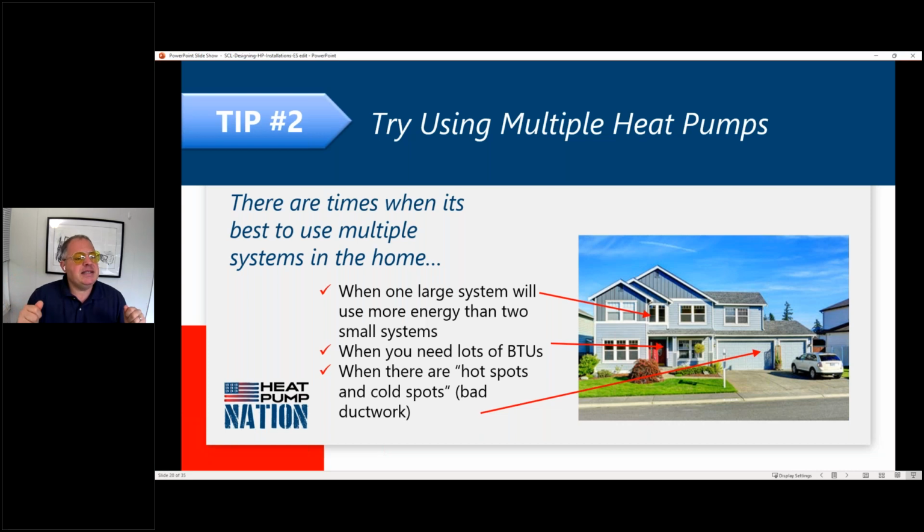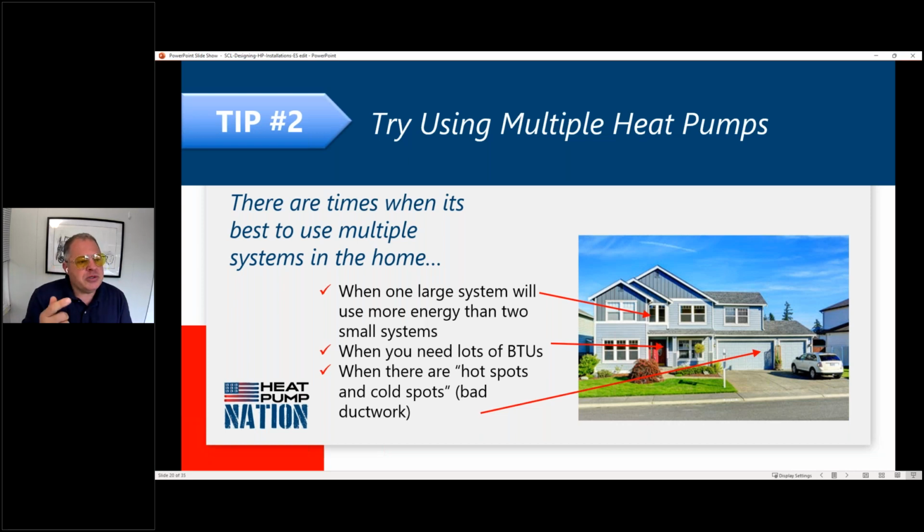At first, it might seem like a more expensive way to achieve the goal of converting a home to a heat pump. In my experience, when contractors really get good at these variable capacity heat pump installations, they learn that there's more material and labor efficiency in doing it this way, and the cost isn't as great.